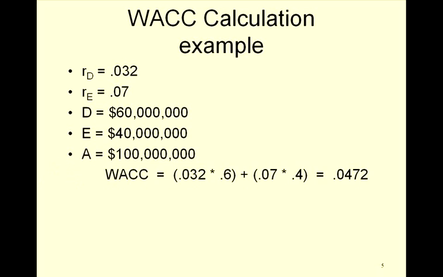Then the weighted average cost of capital is equal to our 3.2% times 0.6 plus our 7% times 0.4, for a weighted average cost of capital of 4.72%. And that could be a starting point for the determination of our discount rate.